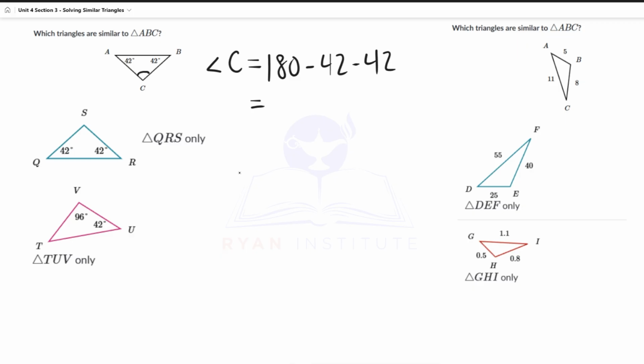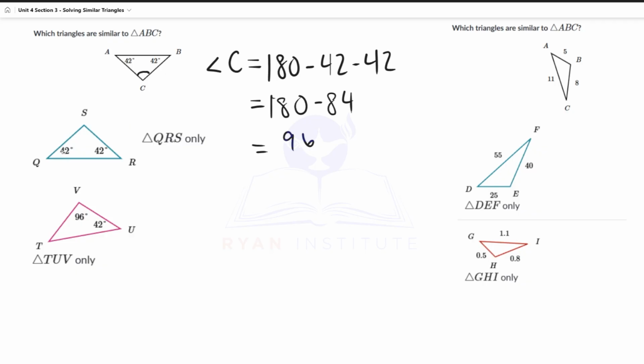So that gives us 180 minus 84, which gives us 96. So angle C is equal to 96. So let's see what these other triangles are.